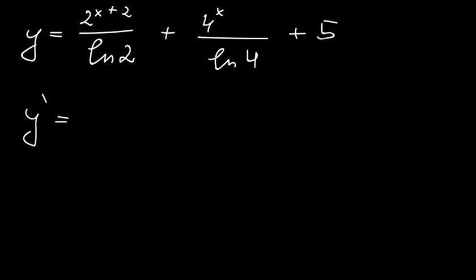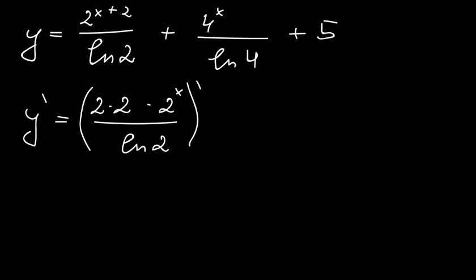Okay, so let's change it, and this plus 2 will give us 2 times 2 times 2 to the power of x divided by natural log of 2, and we need to find the derivative of it, plus, now we can simplify the derivative of it.